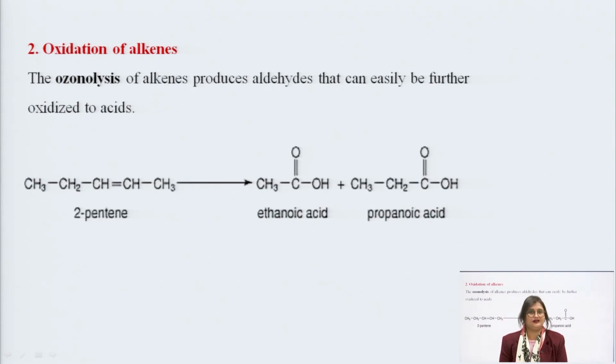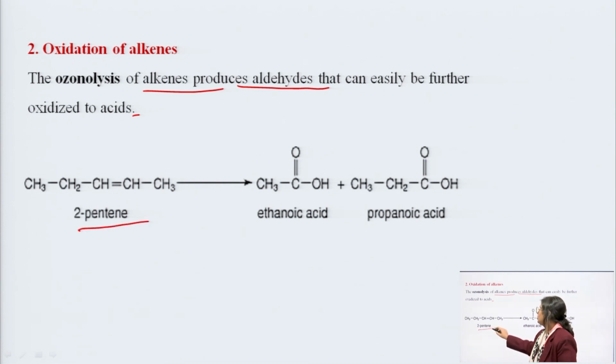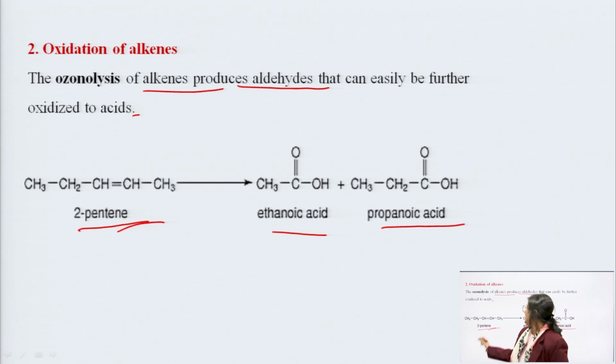Next, we will see another reaction wherein similar oxidation of alkene happens, but sans the oxidizing agents. The ozonolysis of alkene produces aldehydes that can easily be further oxidized to acids. So, alkenes undergo ozonolysis reaction to produce ethanoic acid and propanoic acid via the formation of aldehydes. That means, first an alkene is converted into an aldehyde.